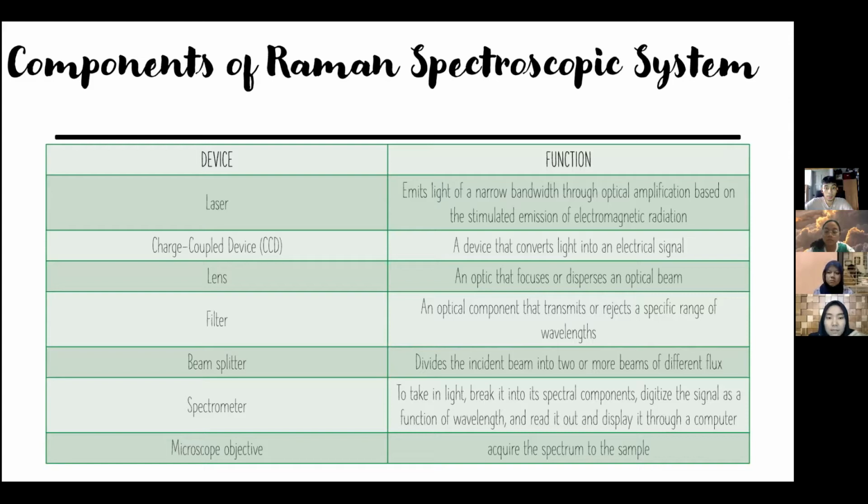Then the spectrometer takes in the light and breaks it into its spectral components, then reads it out and displays it through a computer, and also the microscope objective that directs the laser to the sample.